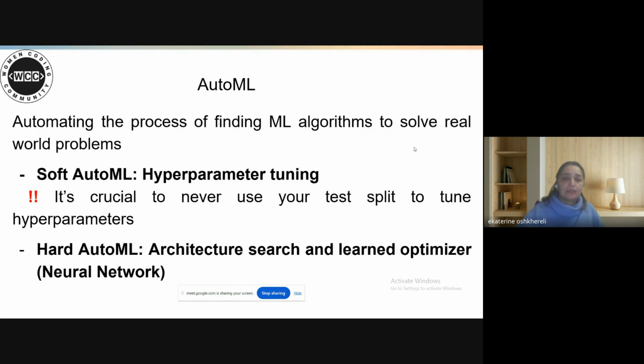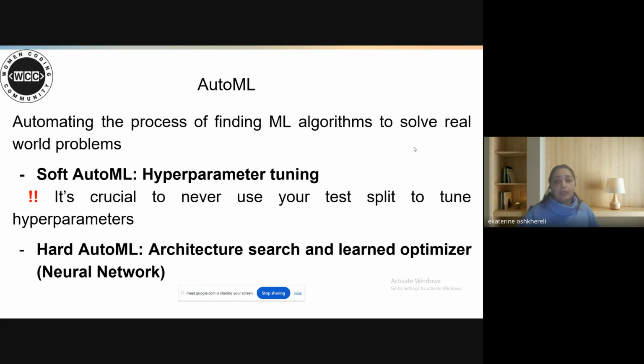So, yes, the next topic discussed in this chapter is automated machine learning. Automated machine learning is a process of finding machine learning algorithms to solve real world problems. And it discusses the importance of hyperparameter tuning. We know that the goal of hyperparameter tuning is to find the optimal set of hyperparameters for our given model.